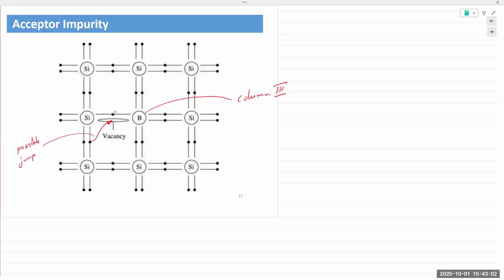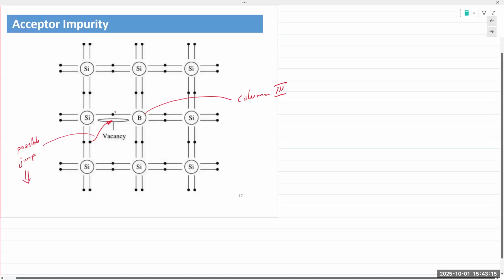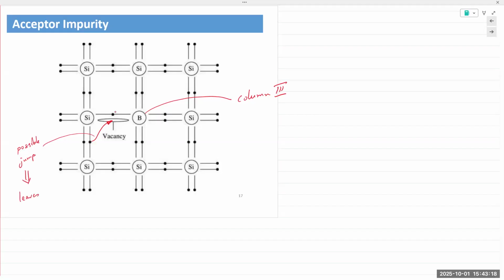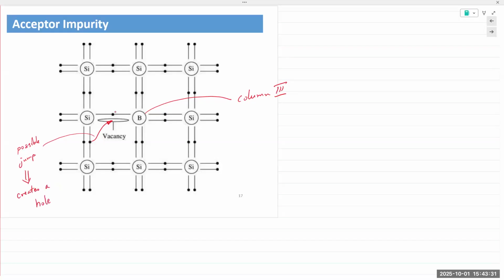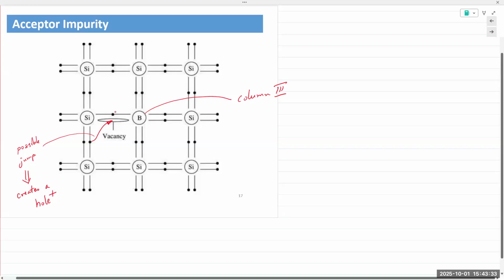And what happens when an electron moves out of its spot? It leaves behind a hole. The hole has a positive charge. So it leaves or creates a positively charged hole.